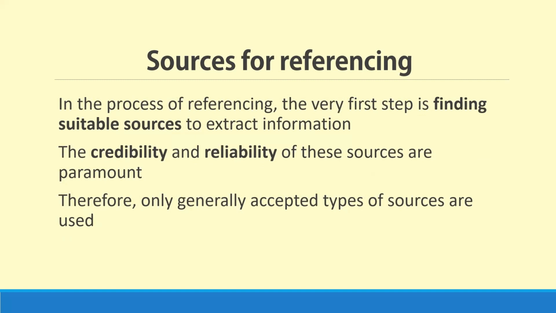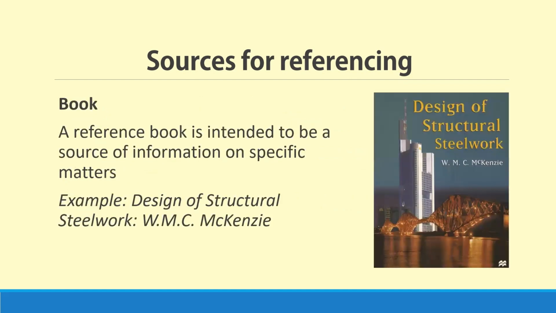So the very first thing for referencing is finding out suitable sources, or else a place to get information from. One thing to remember here is these sources should be credible and reliable. You can't refer to any source as you wish. Right? So these are some of the generally accepted types of sources, I would say.